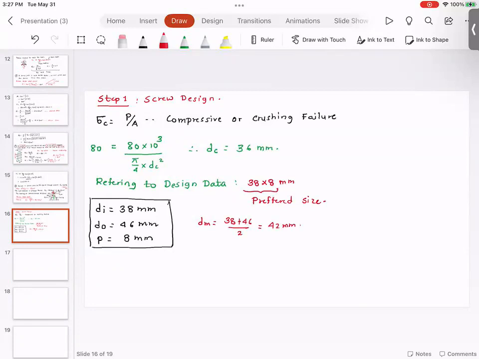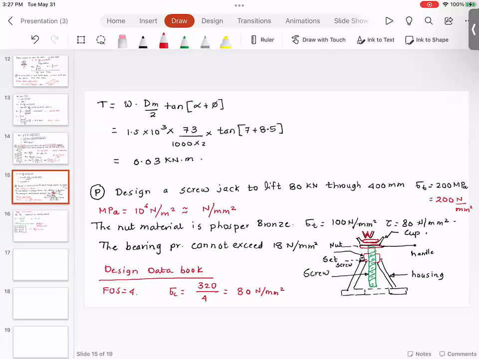Now this is an open-ended design problem. The coefficient of friction is not given to us, but they have given us the material, phosphor bronze and steel.